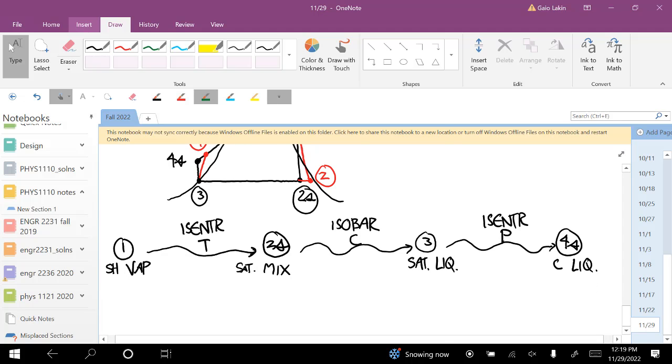So for states 1 and 4, we need to have 2 properties to find states in tables or whatever. For states 2s and 3, we can calculate those with 1 property. With 2s, we also need to know a quality of that mixture.